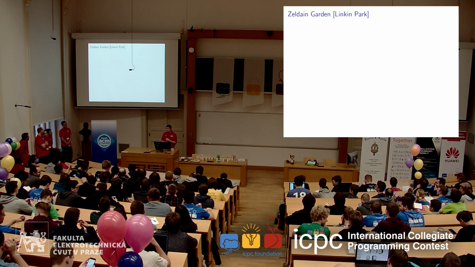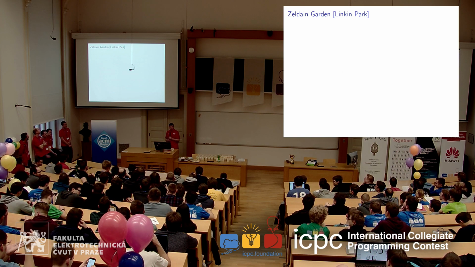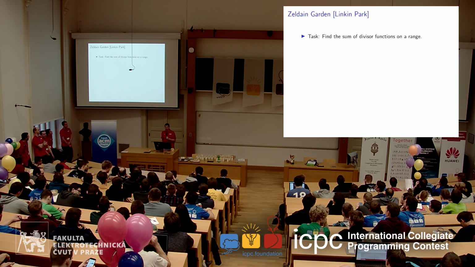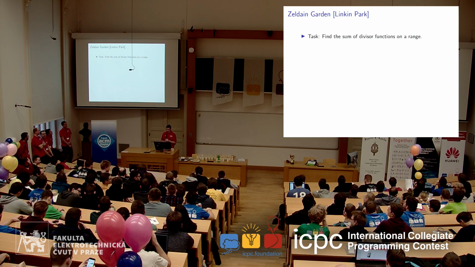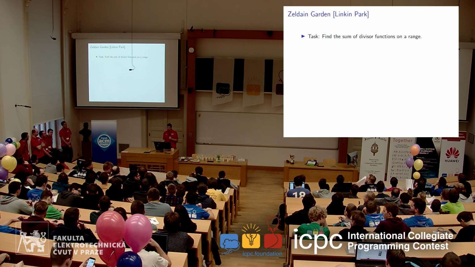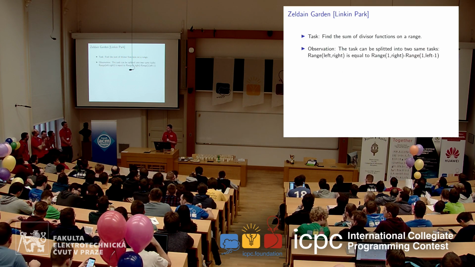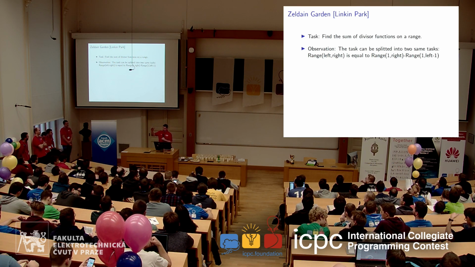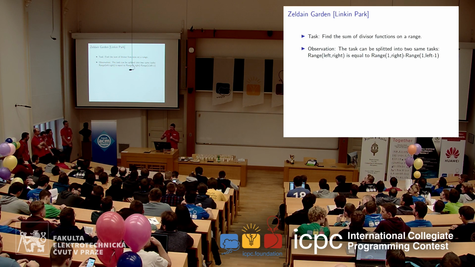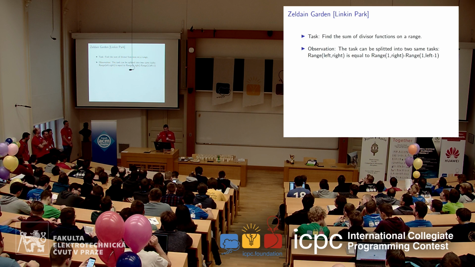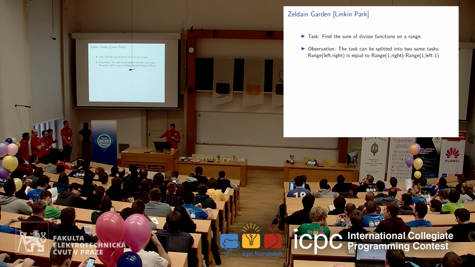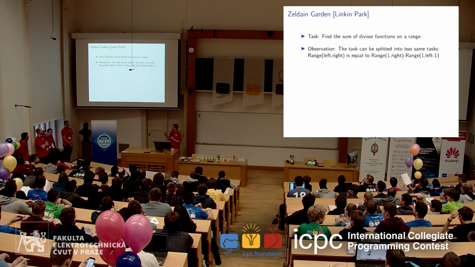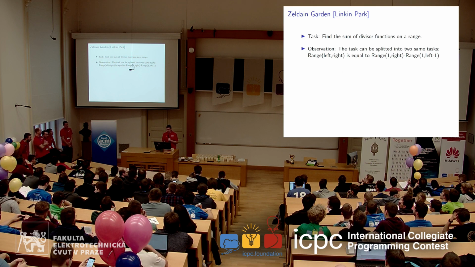Well, okay. So another problem was Zelda in Garden, which was about finding the sum of the divisor function on a range. There is an easy observation that we don't have to search it on a range, but we could compute it from 1 to n and just subtract the lower bound from the upper bound. So we just had to find out how to solve this simpler problem.